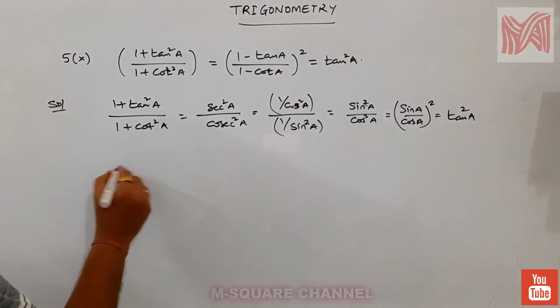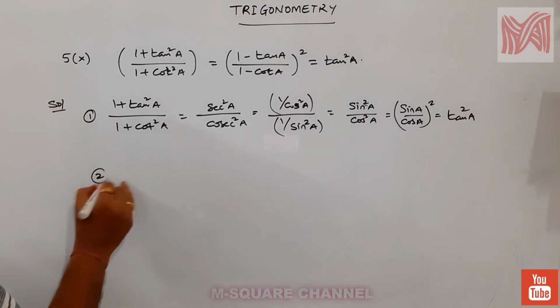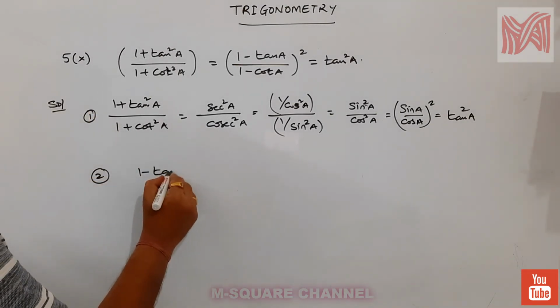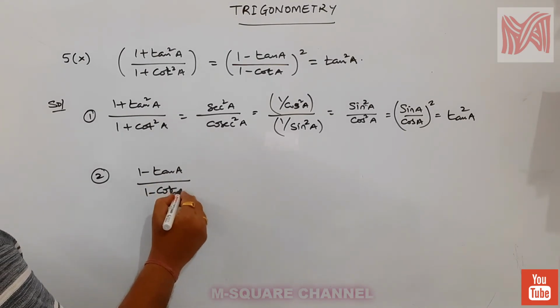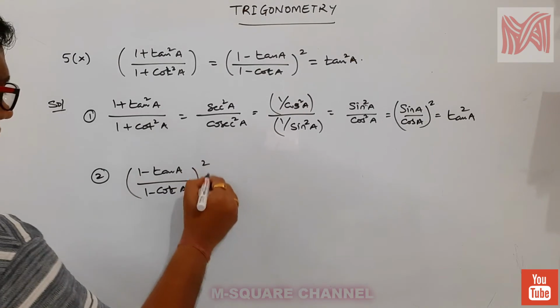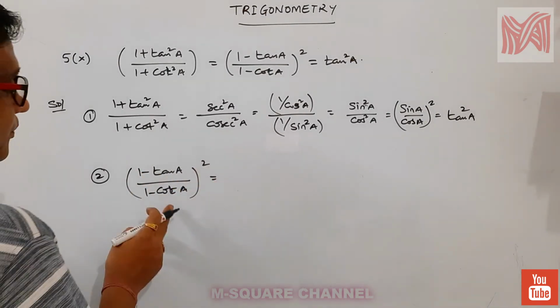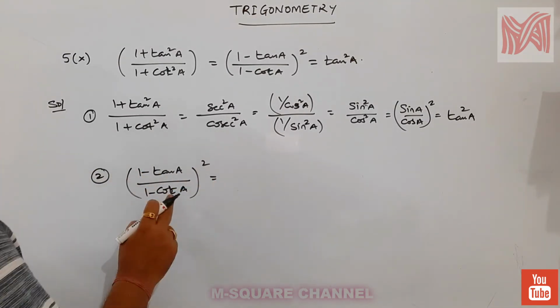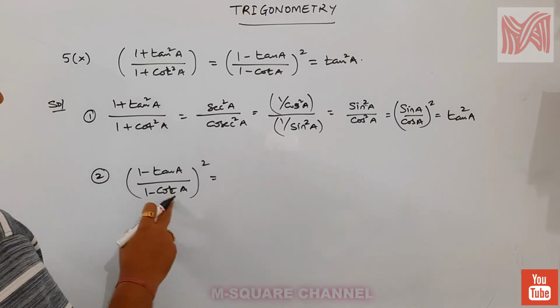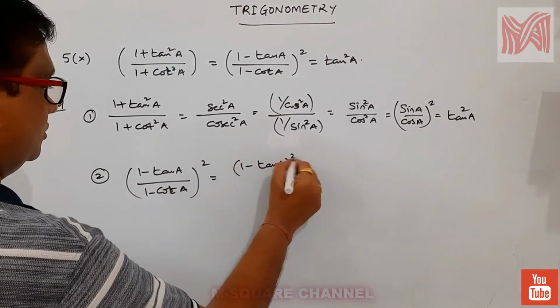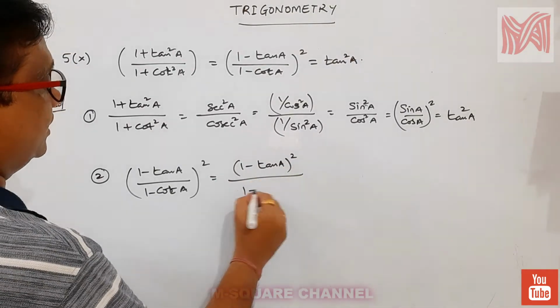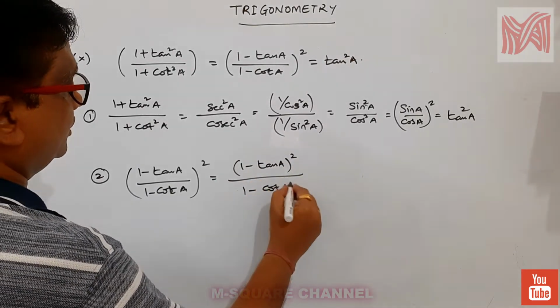In the second part, 1 minus tan A by 1 minus cot A whole square. You can change any one only. If I change cot A, first you write 1 minus tan A whole square by 1 minus cot A whole square.